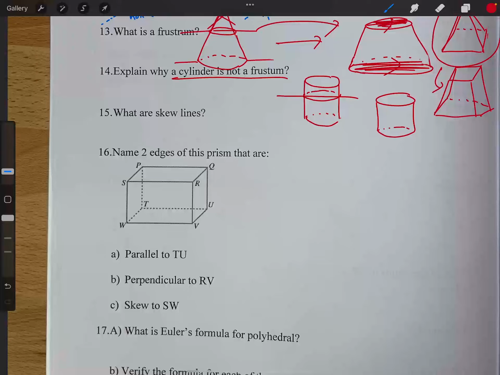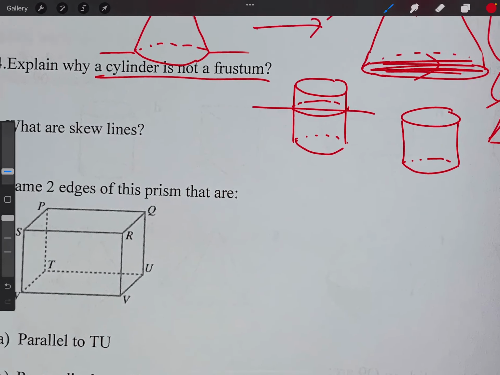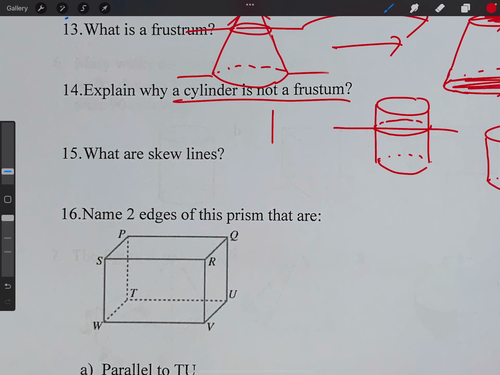Okay, question 15. What are skew lines? Let's imagine we have a 3D shape. Imagine you have a piece of paper, and on this piece of paper I draw a line. And then I draw another line, but it's not on the piece of paper, it's actually going like something like this.